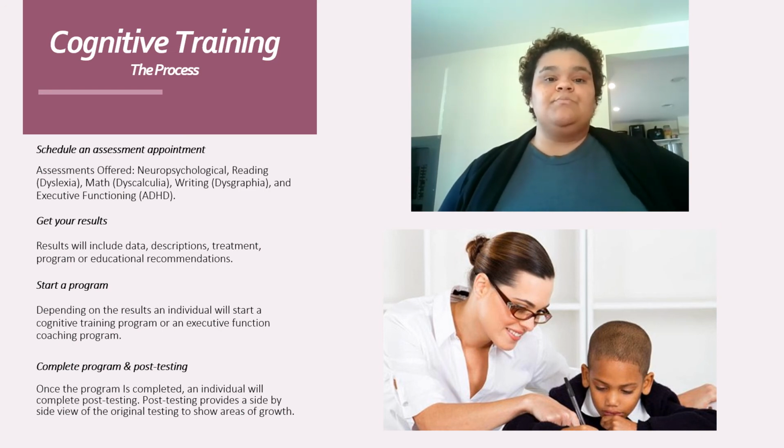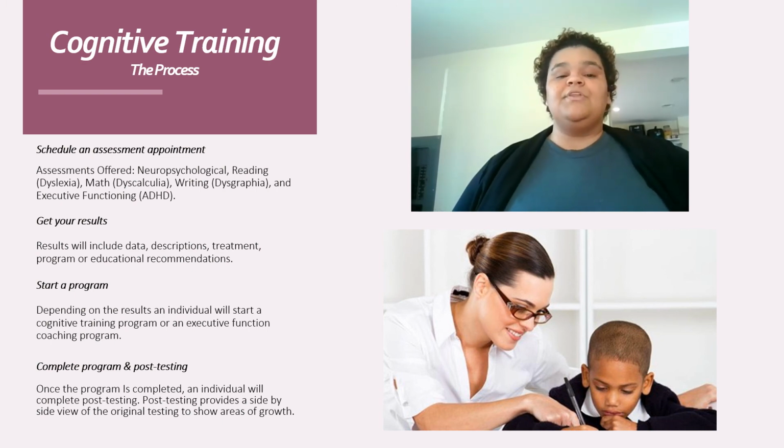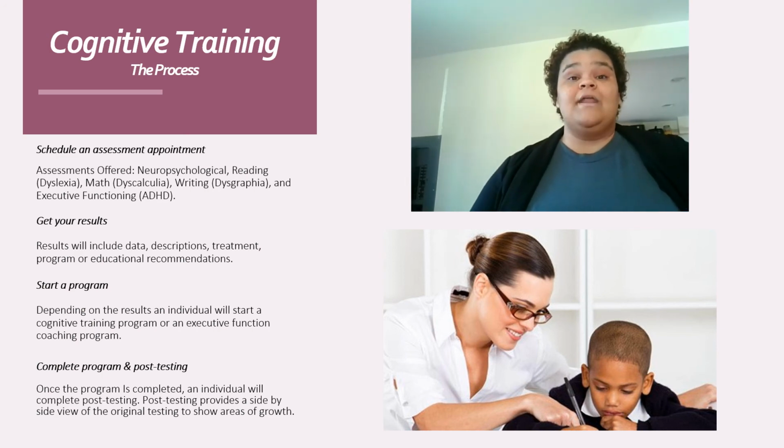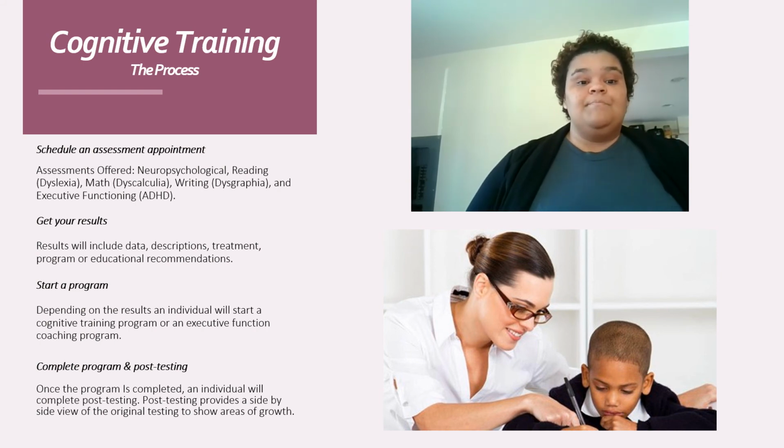Now, those skills can be improved in education, memory, different kinds of techniques. Once the program is completed, then you do post-testing. Post-testing gives you a side-by-side, apples-to-apples view of where you started and where you ended to show growth from the beginning.